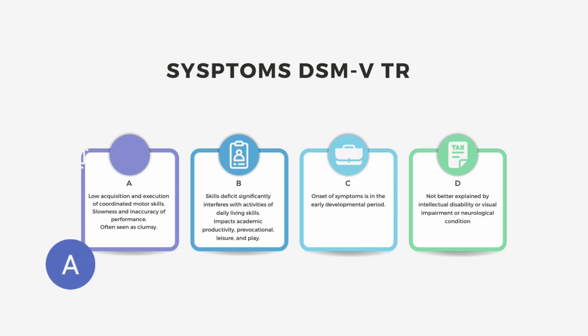Another symptom of DCD is that the skills deficit significantly interferes with activity. For example, it will impact academic productivity, pre-vocational activity, leisure, or even play.